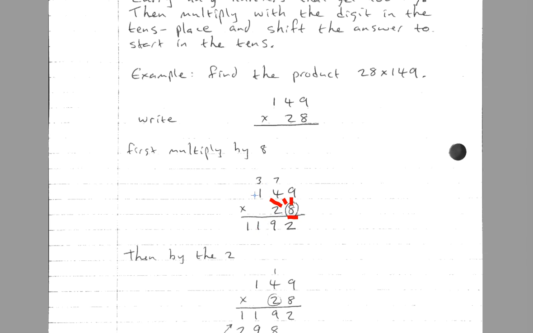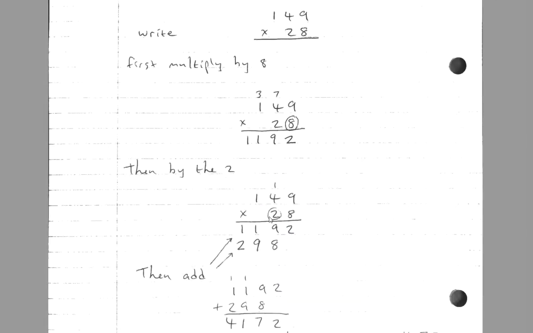Or write down the 1, carry the 1, but we just get this 11 here. All right, so we just worked out that 149 times 8 is 1,192. All right, don't forget this 2 here.